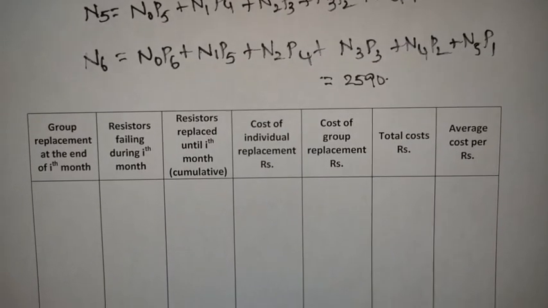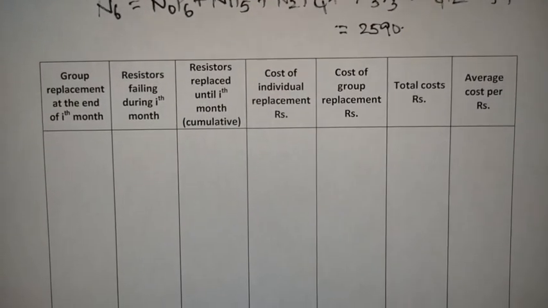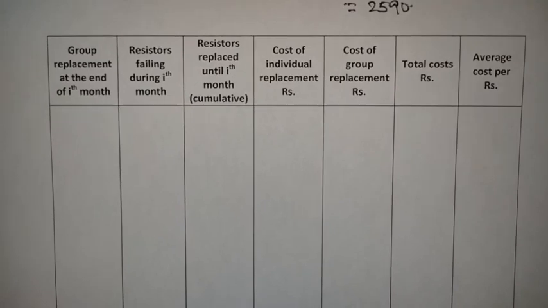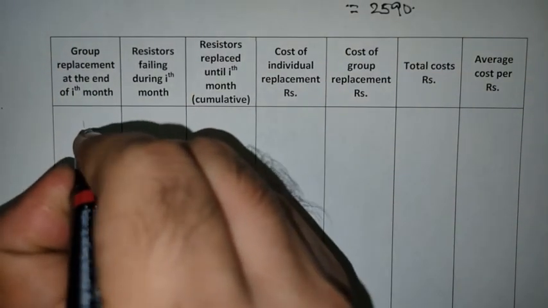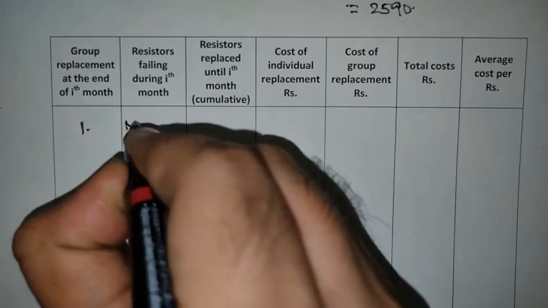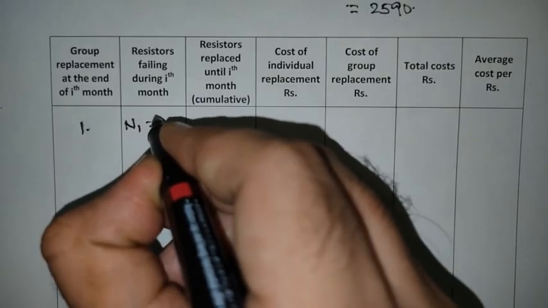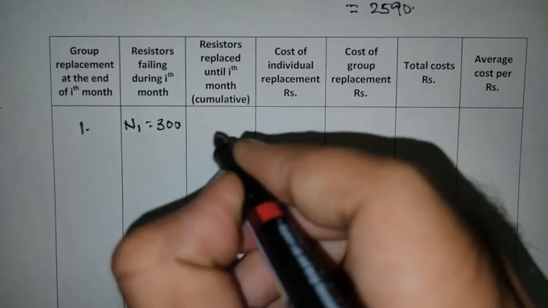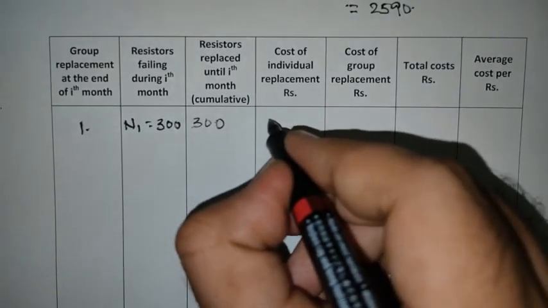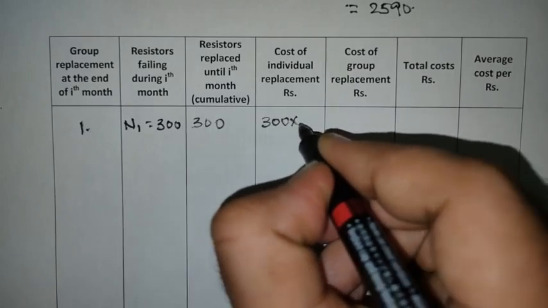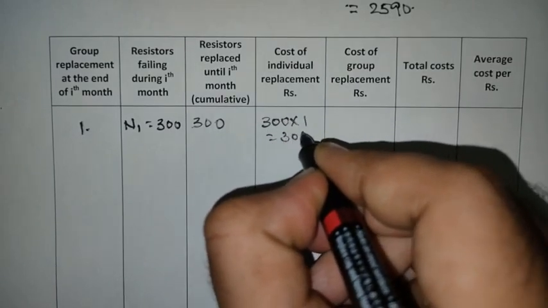Now let us find the average cost of group replacement. So first let us calculate for the first month. For first month, N1, number of resistors are 300. Cost of individual replacement, 300 into 1, 300 rupees.